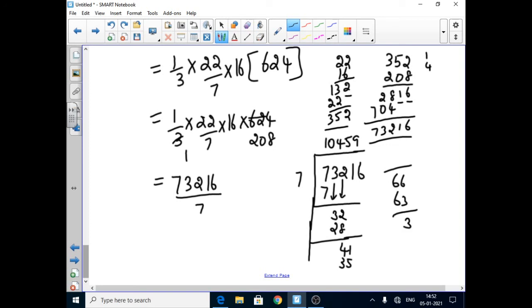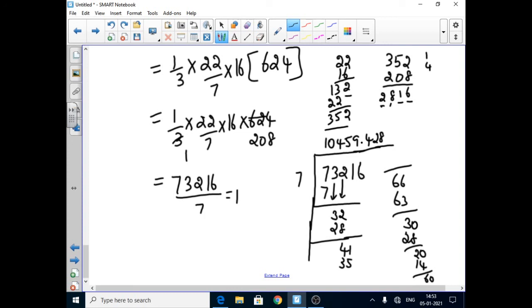Next, the point comes here. Here we apply 0. 4 7s are 28, remaining 2. Next 0 comes down. 2 7s are 14, remaining 6. So 60 comes. 8 7s are 56. After the point, 3 digits, we can make it from 3 digits to 2 digits.